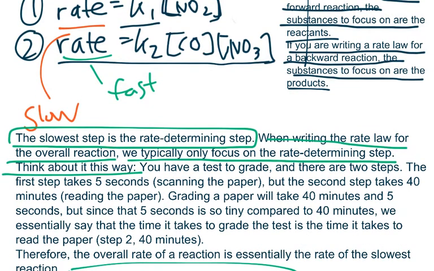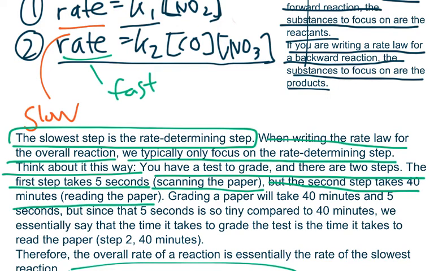Think about it this way. You have a test to grade and there are 2 steps. The first step takes 5 seconds, such as scanning the paper, but the second step takes 40 minutes, or reading the paper. So, grading a paper will take 40 minutes and 5 seconds.